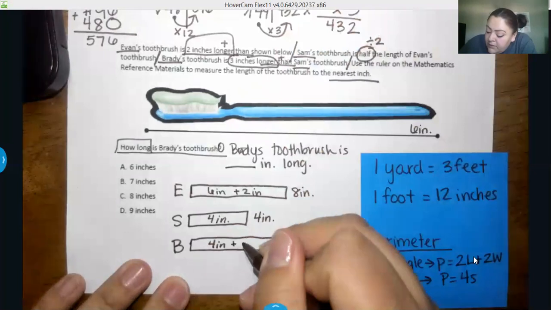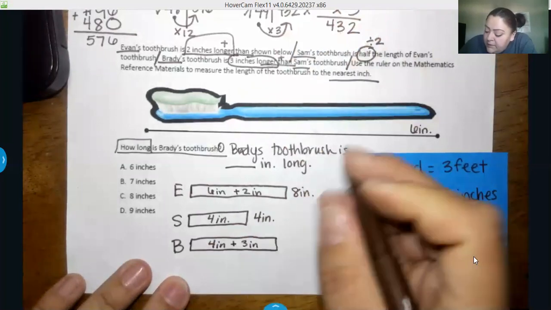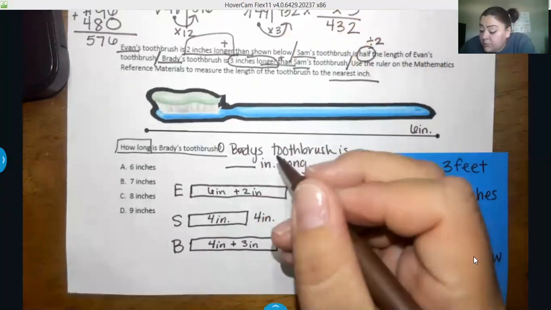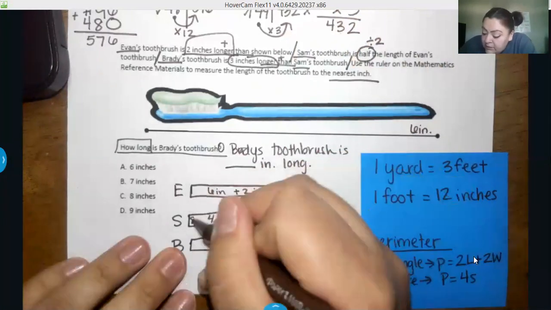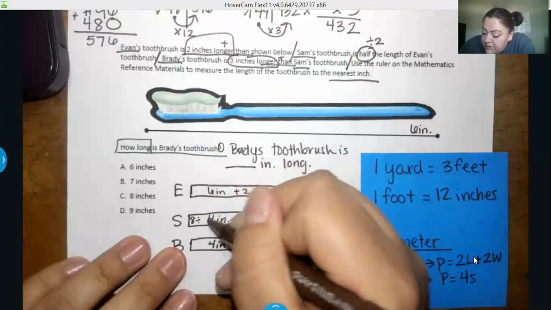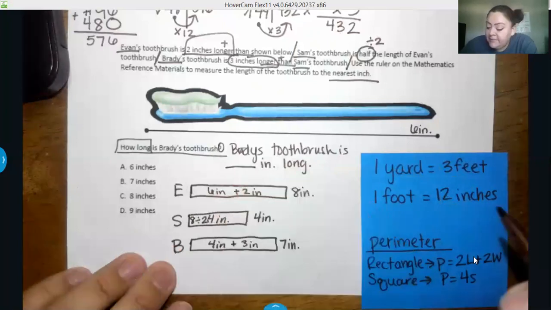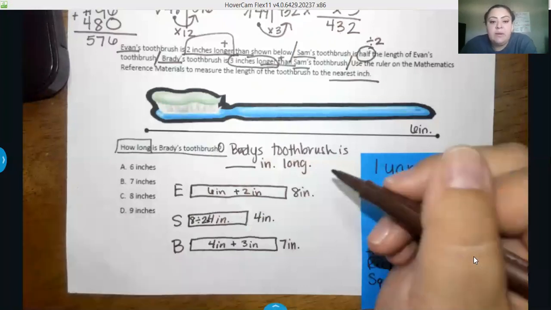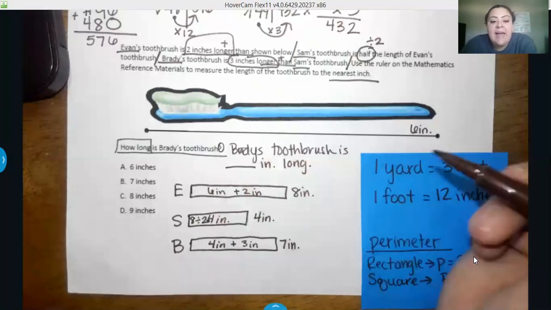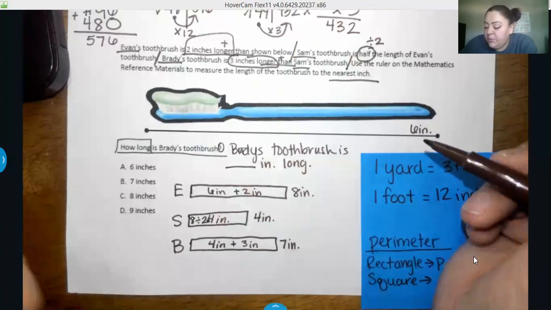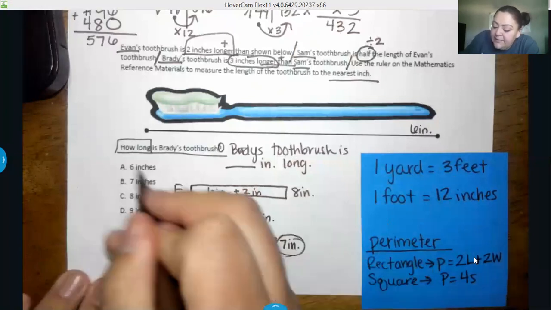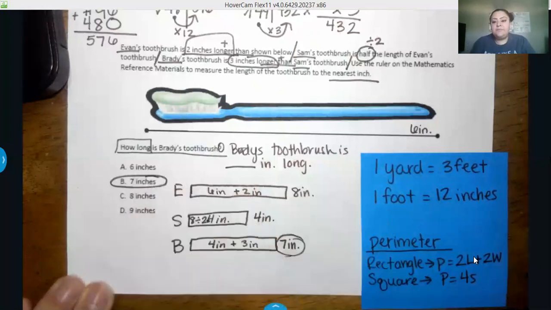So 3 inches should give me 7 inches, okay? And remember for this one, we had 8 inches divided by 2 because it was half, okay? Which gave me 4. All right, so my question in the end was, how long is Brady's toothbrush? Well, now I'm finding Brady. Once I figured it out, I see that it is 7 inches, okay?